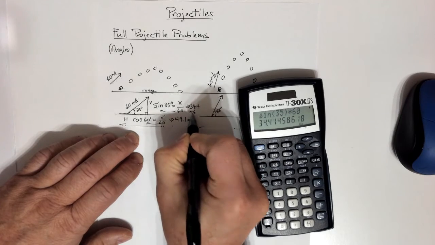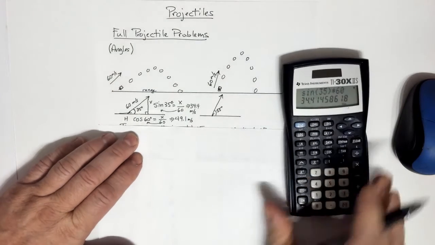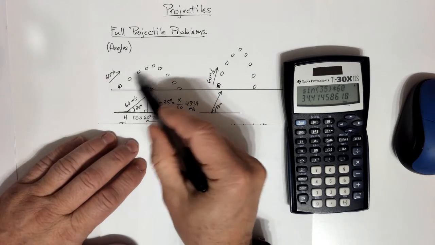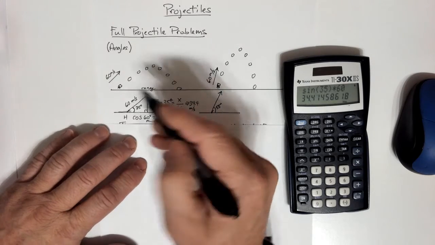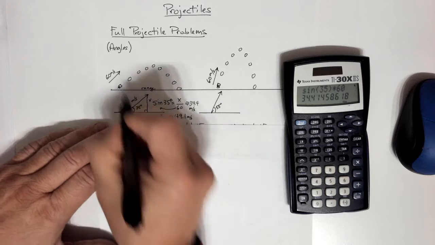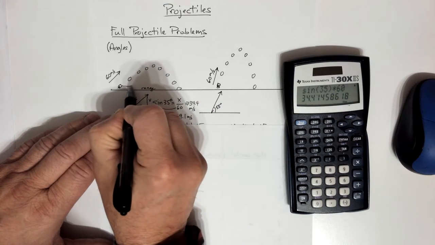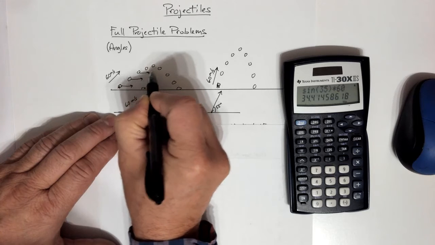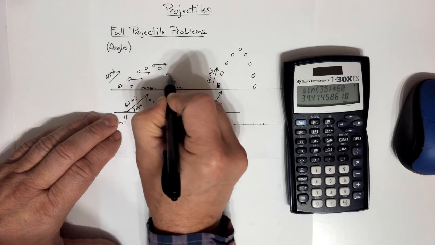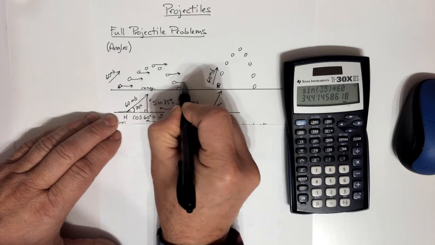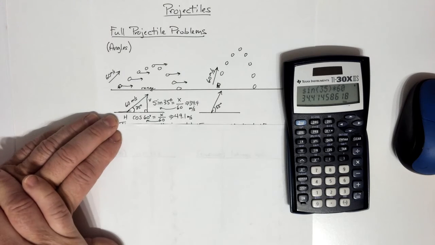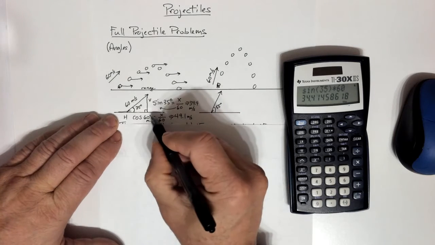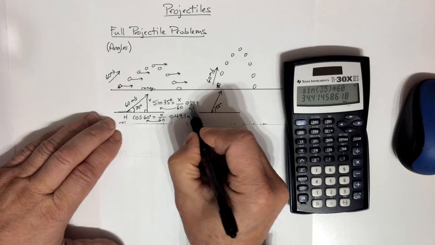So what we're finding out is that in this lower angle, we have greater speed horizontally that the object comes out. But remember, the horizontal piece never changes. So everywhere in this path, the speed horizontally is identical. But upward, there is only 34.